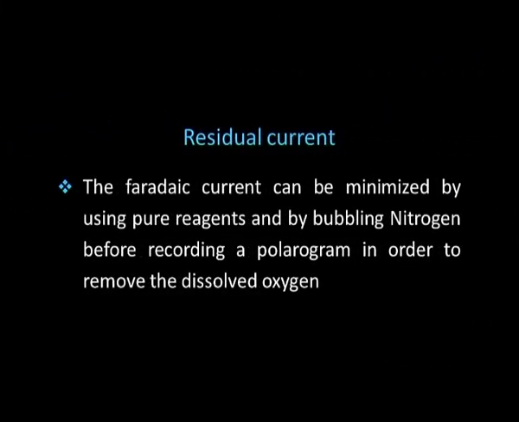The Faraday current can be minimized by using pure reagents and by bubbling nitrogen before recording a polarogram in order to remove the dissolved oxygen. The reduction of dissolved oxygen results in two waves because of the following reactions.